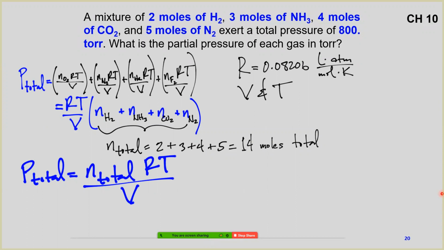I mean, there's probably more than one way to do this. We can calculate what RT divided by V is even. We can calculate what this is, RT divided by V.